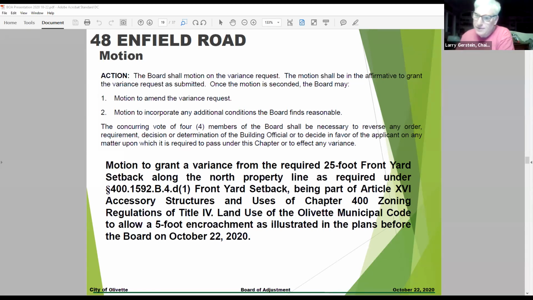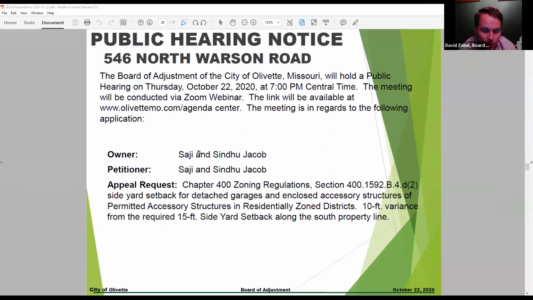This application 2, property address is 546 North Warson Road. The property owner is Saji and Sindhu Jacob. Petitioner is the same. Zoning is single family residential district. Variance request is a 10-foot variance from the required 15-foot side yard setback along the south property line.